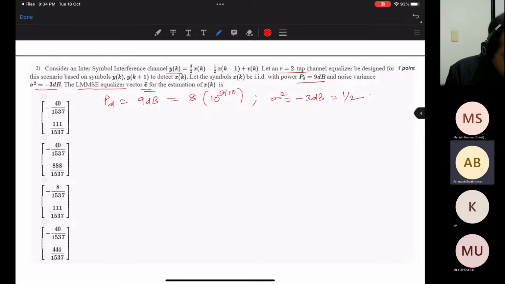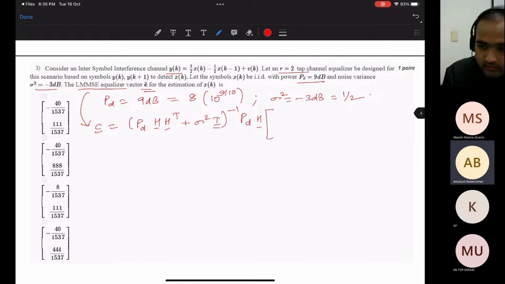C, which we have been asked, is the equalizer vector. This is given by PD H H transpose plus sigma square I, inverse, times PD H. Since we need to find out xk, the selection vector is 0 1 0 in one-vector notation.